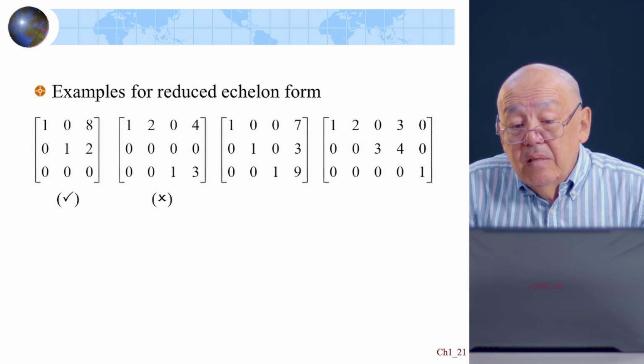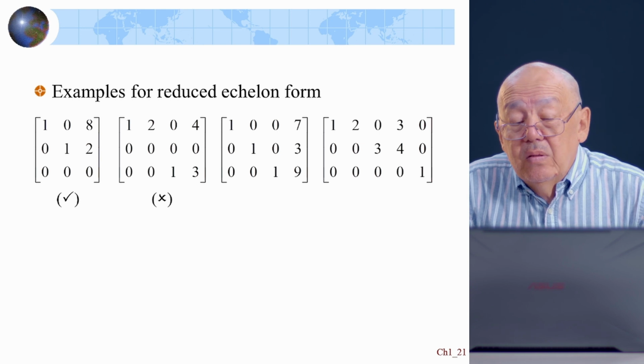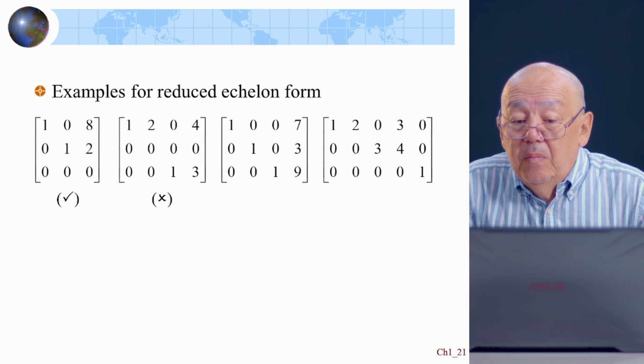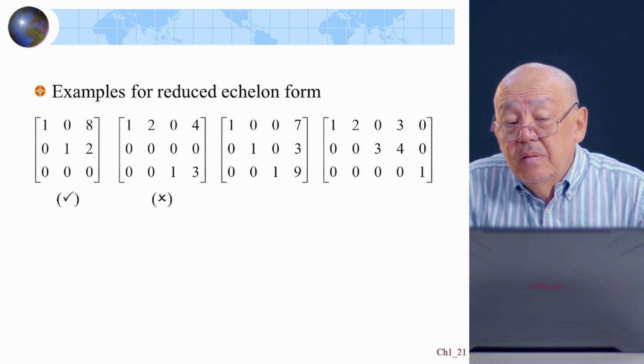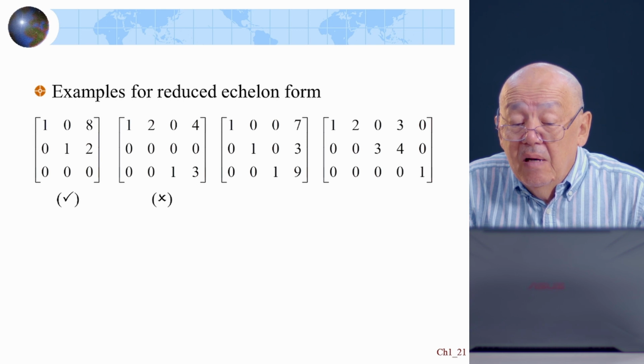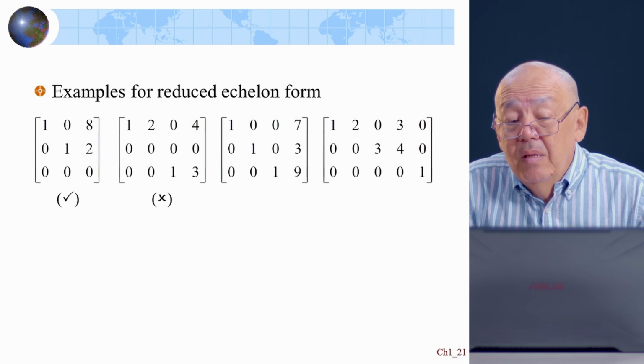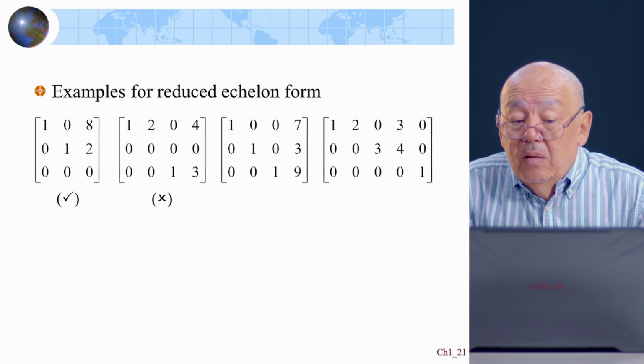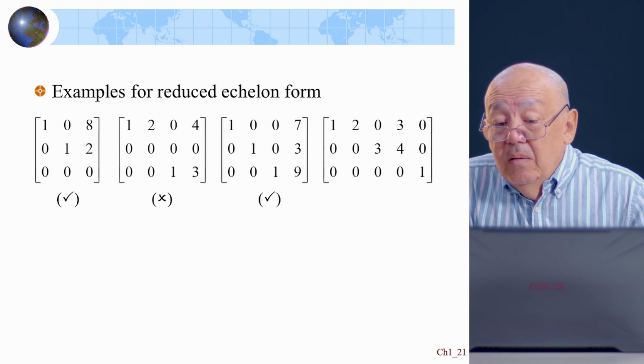The next matrix is okay, because we made this matrix many times. This is just the identity I3 matrix augmented by a column. This is reduced echelon form, obviously. And what about the last, rightmost matrix?